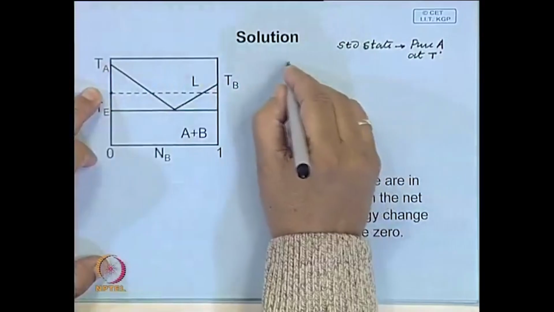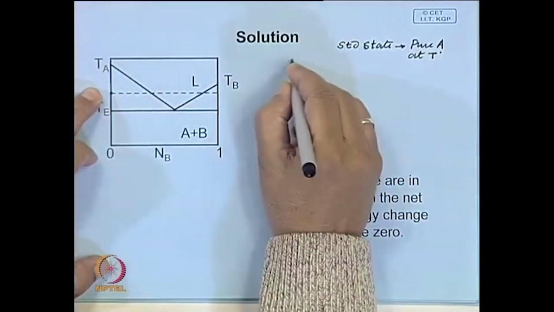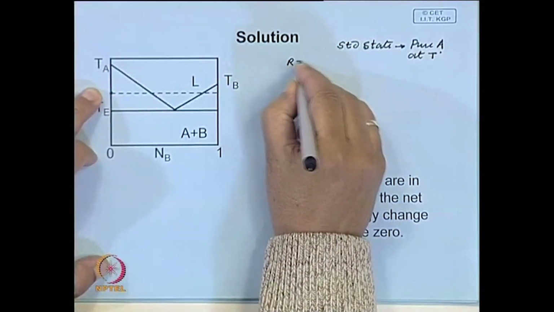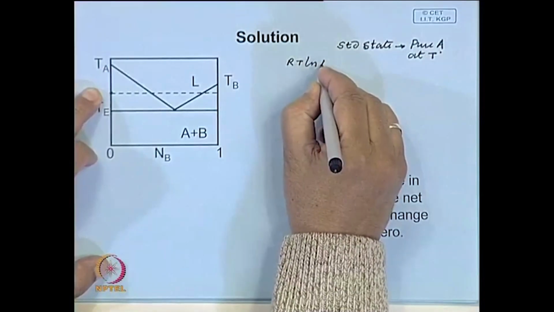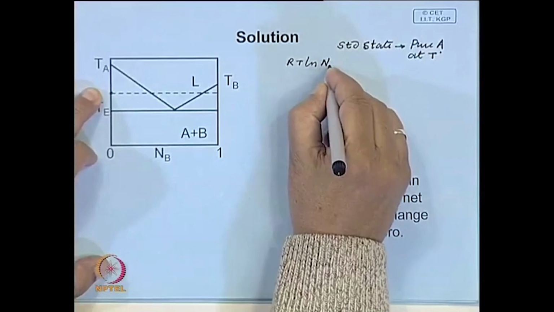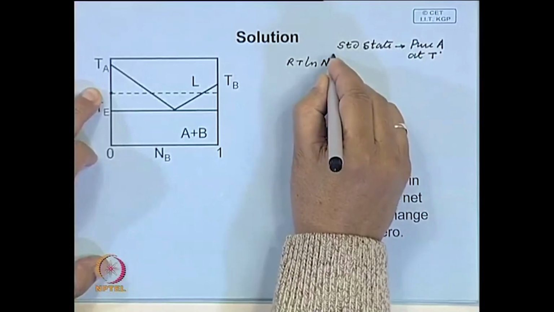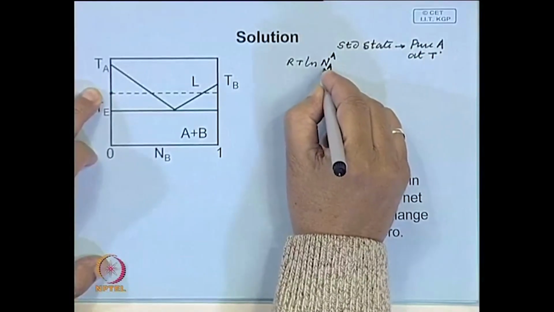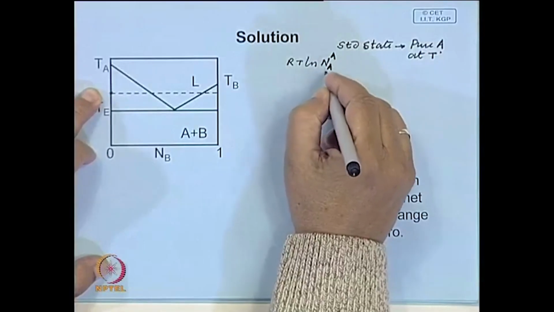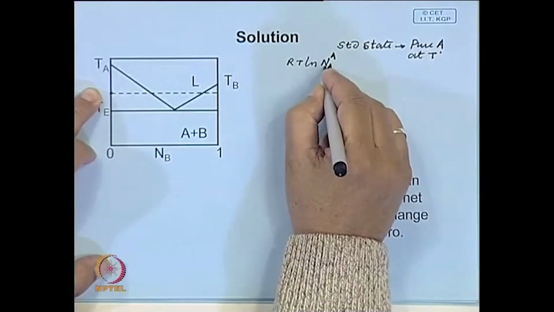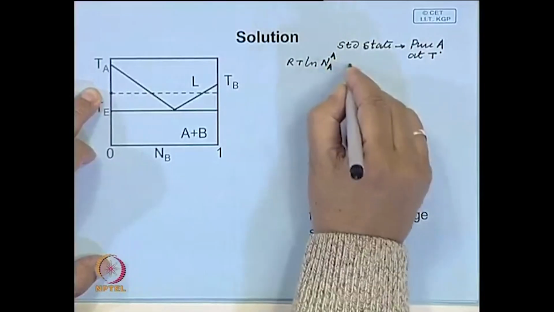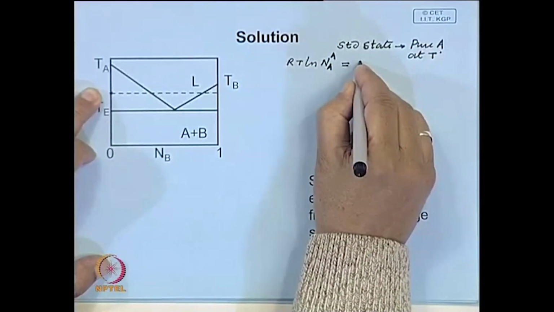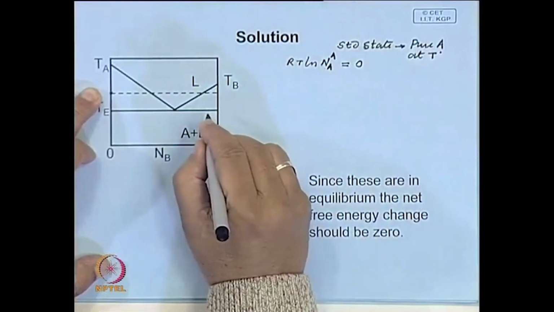Now, in that case, what is the free energy of pure A? Since it is a mixture, it is RT ln activity of A. We write mole fraction of A, and activity is equal to mole fraction. In that case this is 1, because it is pure A. Therefore, for pure A this is 0.